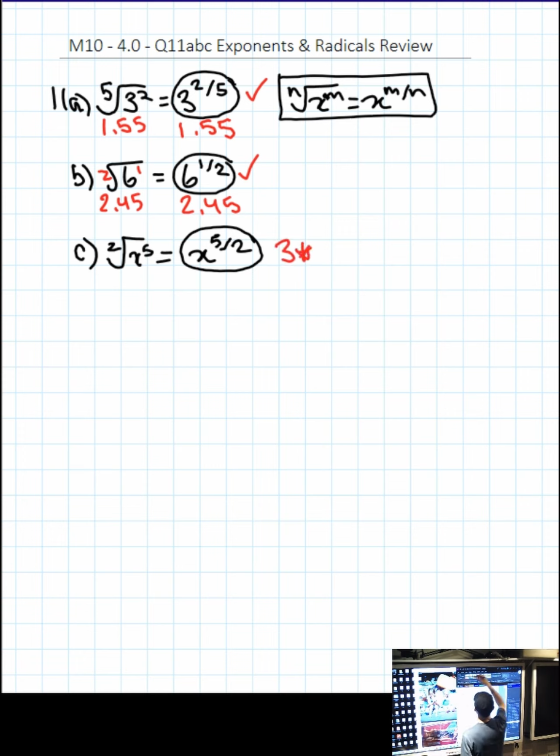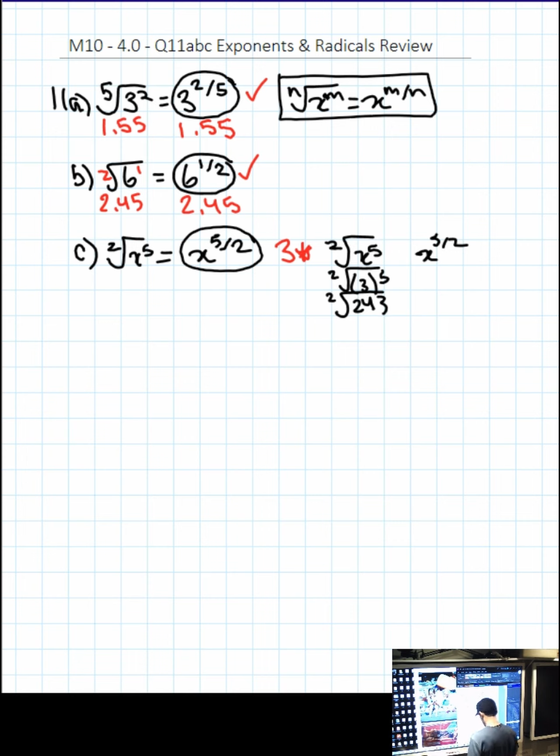x isn't actually 3, we're just checking our answer, and that would be the square root of x to the 5. And the answer, x to the 5 over 2, which would be the square root of, brackets around it, 3 to the 5. And 3 to the 5 is 243, so that's the square root of 243.